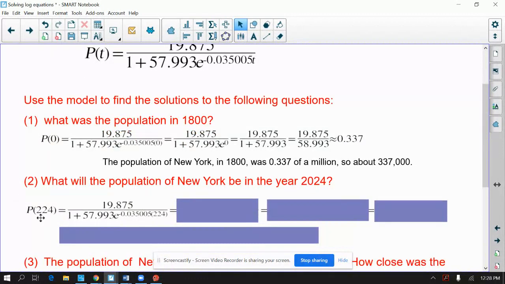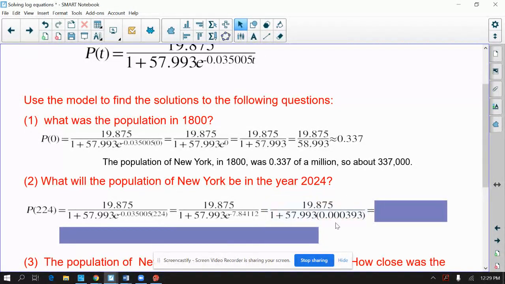So you plug in 224 for t, and I go to my calculator, I multiply these two, I get negative 7.84112, and I go to my calculator again, I do e raised to this power, and I get 0.000393, multiply these two, and I get 19.43.